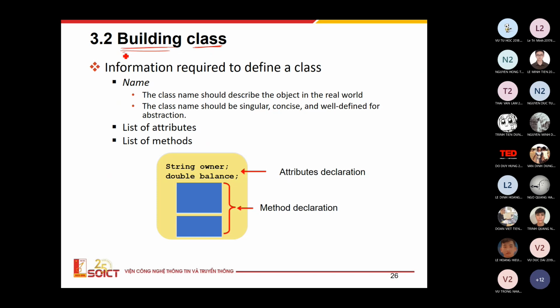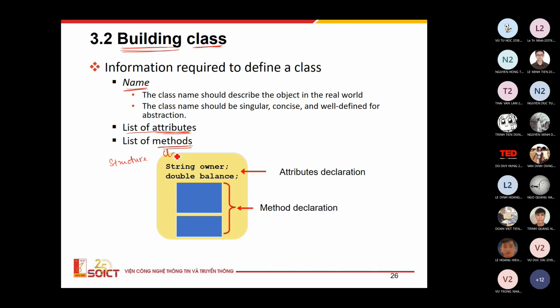You know the definition of the class, and now how you can write down a class. Firstly, you have to know the name of the class, and you have to know every attribute of this class and every method for this class. And then you will define the class with this structure.